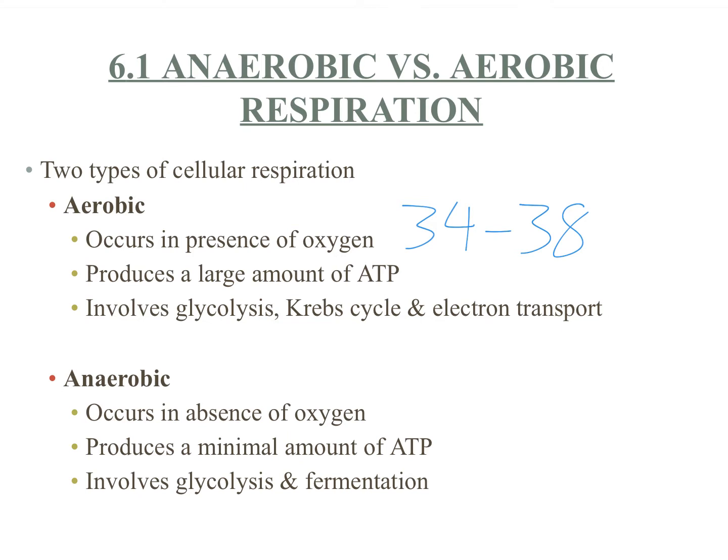That's something I want you to jot down right off the bat. When we talk about anaerobic, 2. That's obviously a big deal because ATP contributes energy for cellular work, so we want our maximum yield when we break down a glucose so that the cell has all the energy it needs to do work.